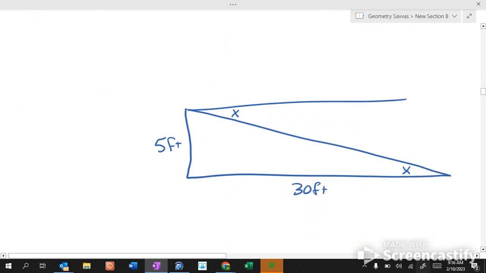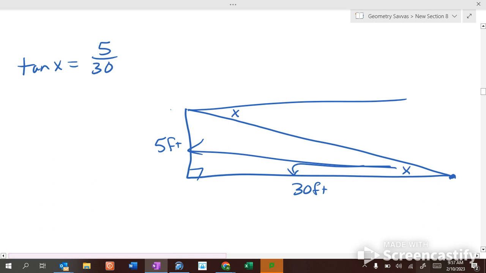Okay, angle of elevation, angle of depression. So somebody is looking down towards a point here, which means the same thing as looking up here. We have opposite. We have adjacent. What trig function is opposite adjacent? So the tangent of angle x equals the opposite side 5 over the adjacent side 30.